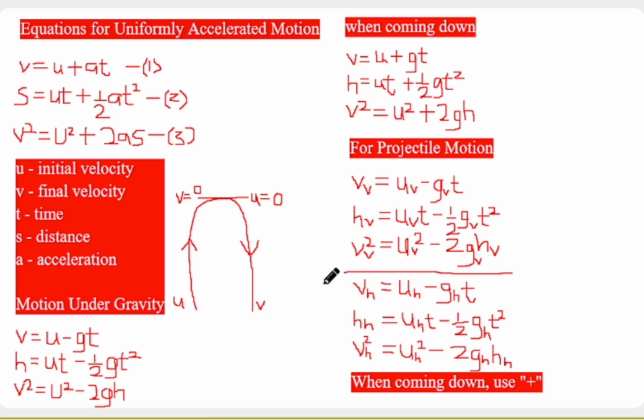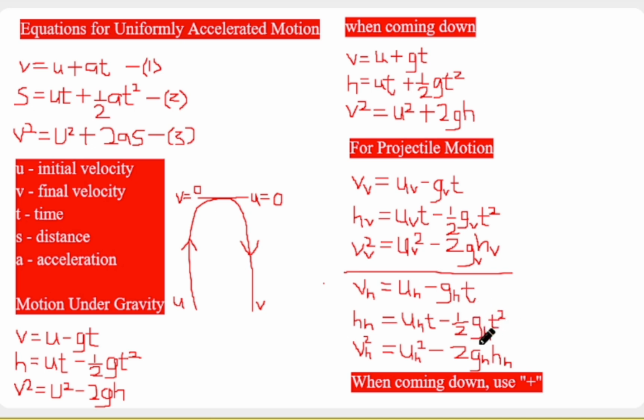You will ask why. The reason is that the acceleration due to gravity is acting vertically downwards, and therefore the horizontal component is 0. It does not have an effect along the horizontal. Take note of that. Then for the second equation, I will write h horizontal is equal to u horizontal multiplied by t minus half g horizontal t squared.